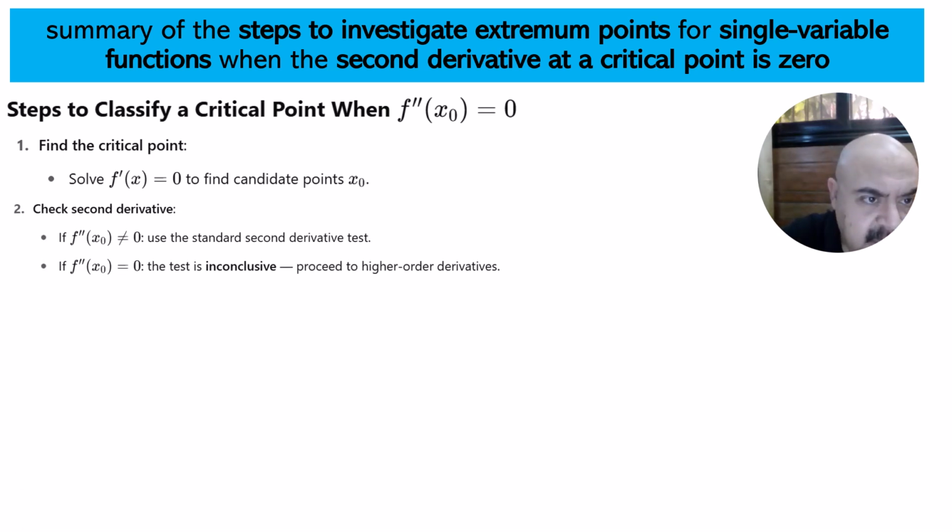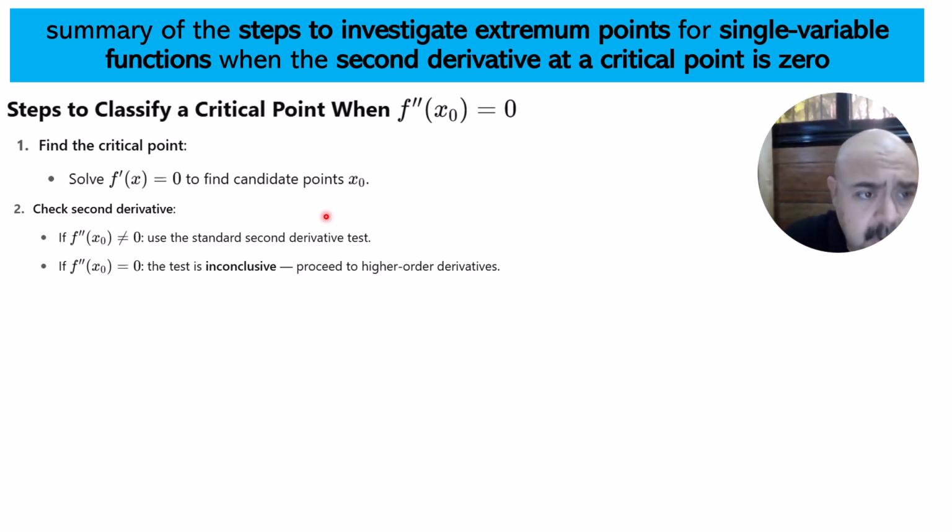This is simply done by equating the first derivative to zero and solving this equation or this system of equations in order to get the critical points, which are candidates for either a minimum point, a maximum point, or a saddle point.